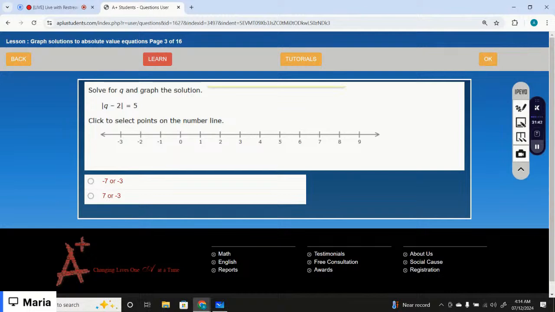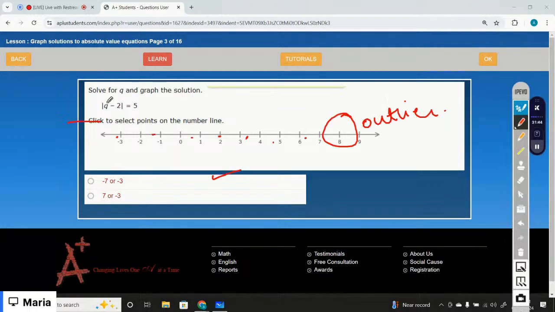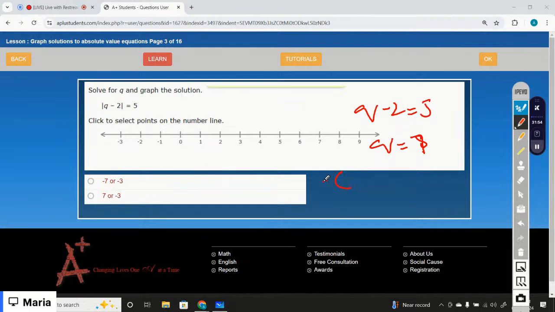Solve for q and graph the solution. So how do we solve? Let's just write down that is q minus 2 is 5 and q is 7, and negative q minus 2 equals 5. That is negative q plus 2 equals 5. So q equals 2 minus 5, that is negative 3. So the correct option is 7 or negative 3.